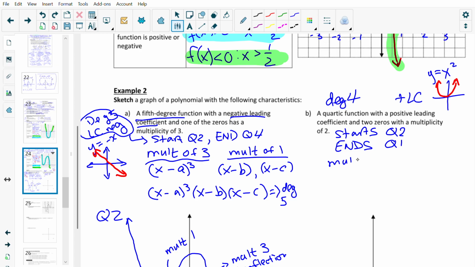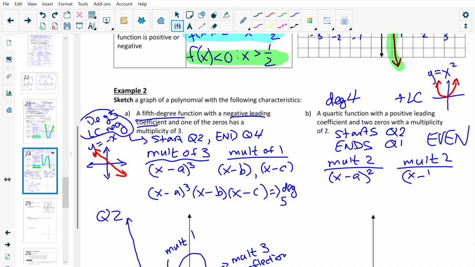Okay? 2 zeros with a multiplicity of 2. So this is multiplicity of 2. So that's x minus a. So this is an even multiplicity, right? So that's x minus a squared.